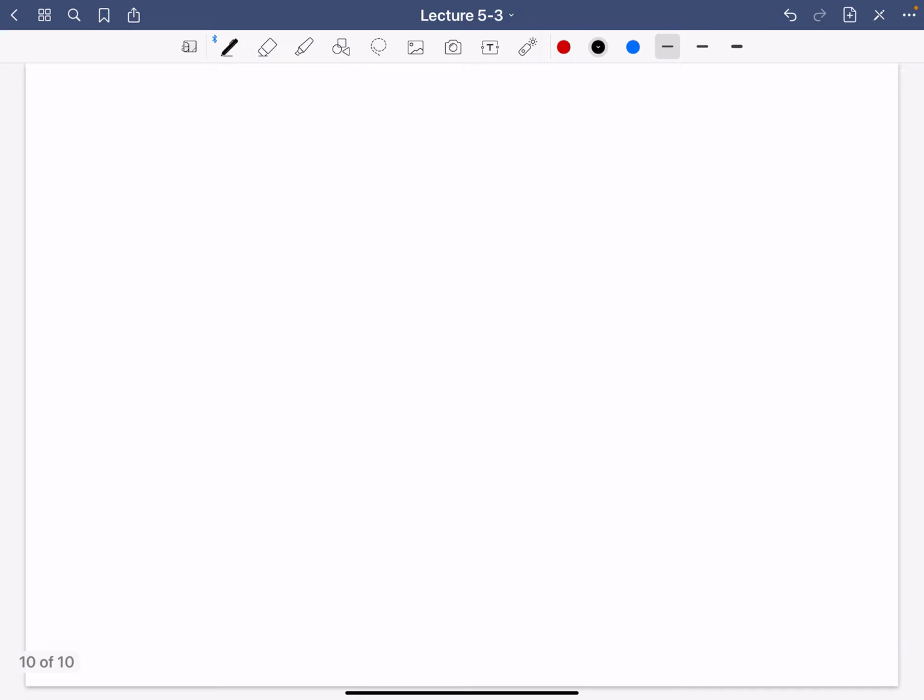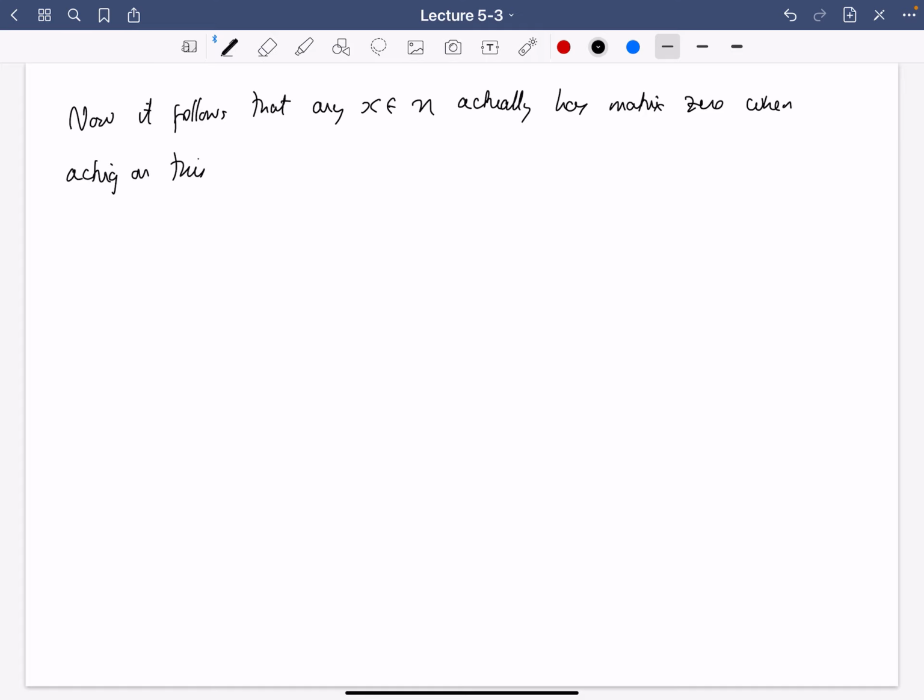So now it follows, though I'm explaining this a little badly, that any x in n actually has matrix 0 when acting on this basis. But that means x is just 0, and that shows that n is 0, and so indeed G is semi-simple. End of proof.